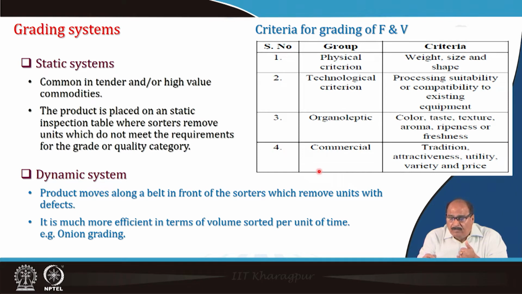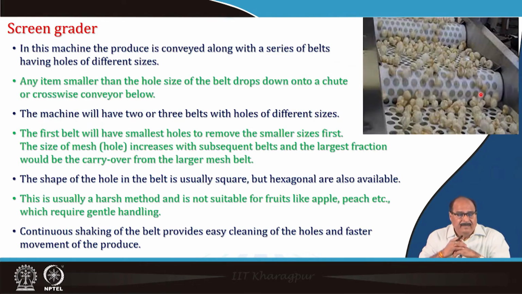In the organoleptic, on the basis of their color, taste, texture, aroma, ripeness, or freshness, etc., they can be graded into different grades. Similarly, technological criteria, that is whether processing suitability or compatibility to existing equipment, etc. Physical criteria under this: weight, size and shape etc. are used for grading. Okay.